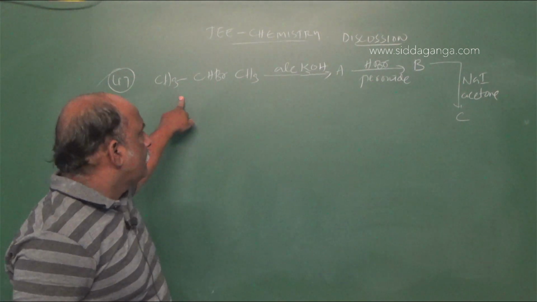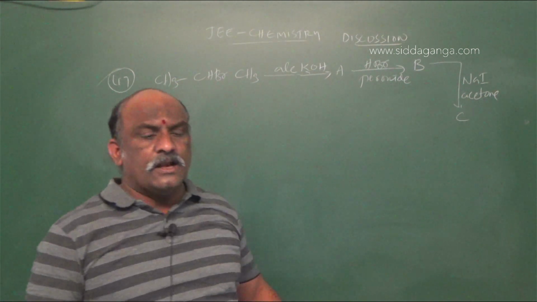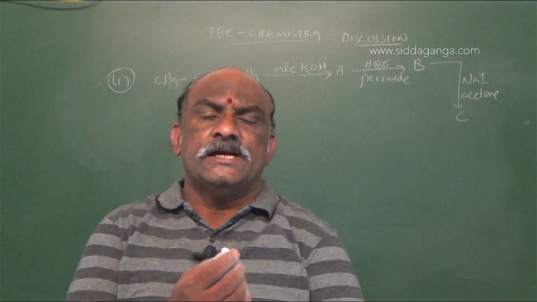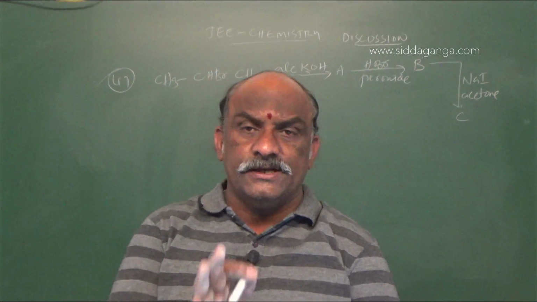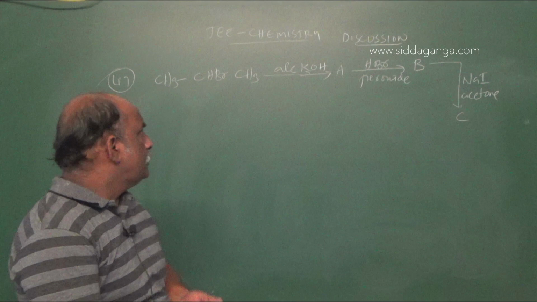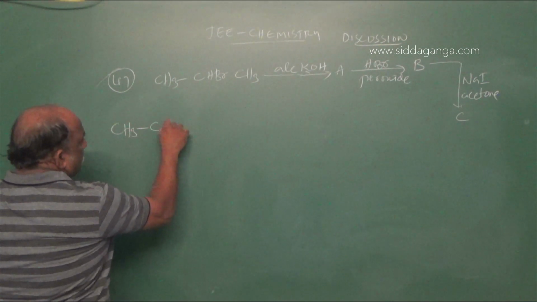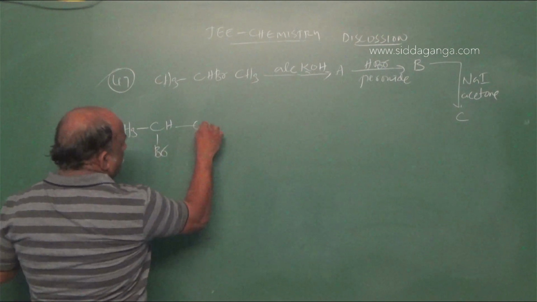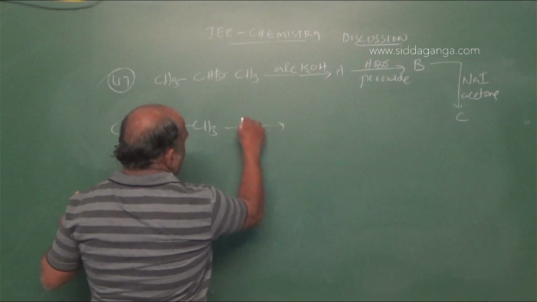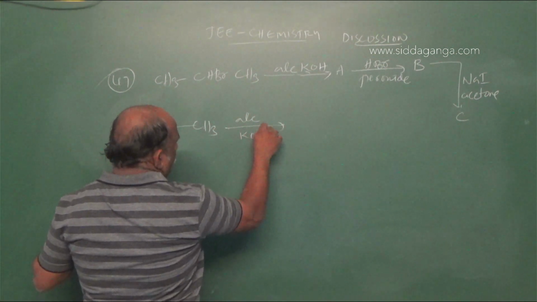This is a haloalkane. Alcoholic KOH acts as a dehydrohalogenating agent. It is CH3 CHBr CH3 with alcoholic KOH.